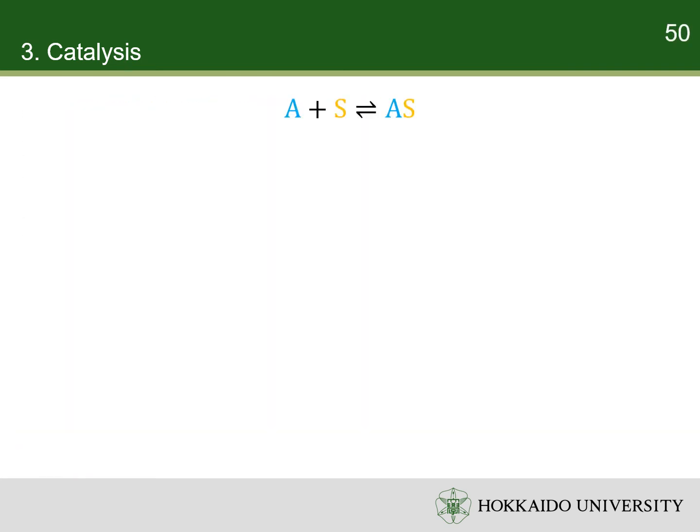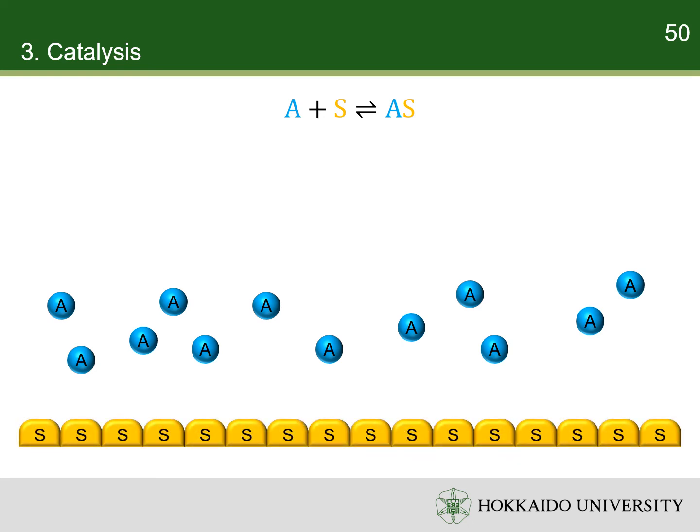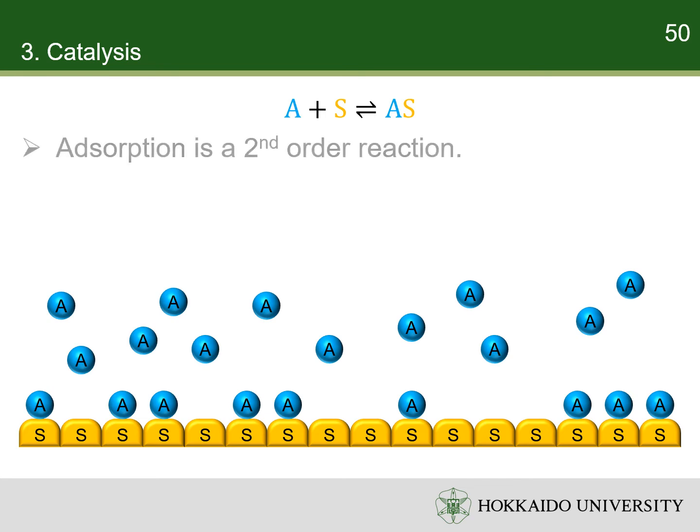Based on the assumptions, the adsorption-desorption process can be abstracted as a reversible reaction. Here, A is the free molecular entity. S is the site on the adsorbent. As is the adsorbate on the site. The adsorption is a second-order reaction because the free molecular entity must collide with an empty site to be adsorbed.